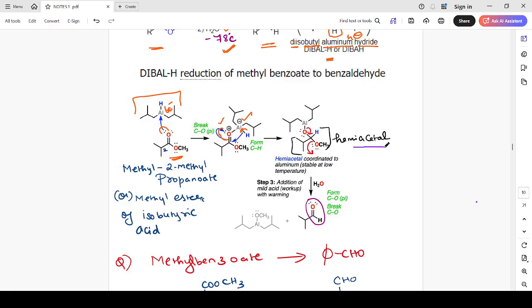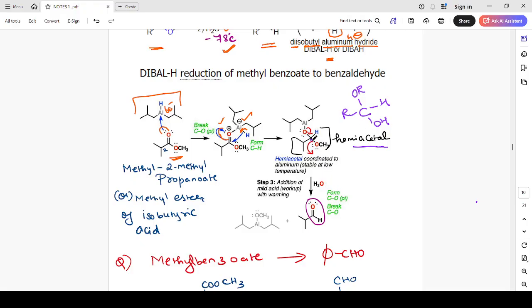Now I'm naming this as hemiacetal. What is this hemiacetal? Consider I'm having carbon, I'm having OR, and I'm having H. And I'm having some R and some OH here. This is called a hemiacetal.